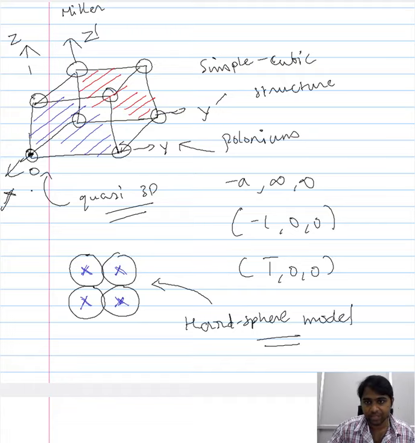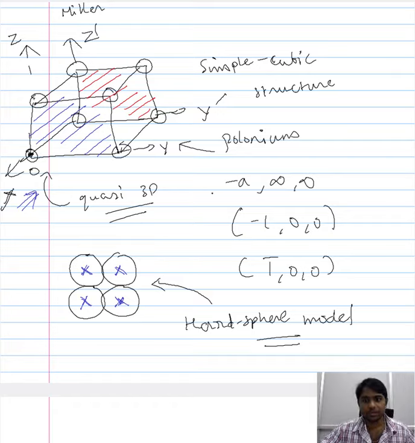We are looking along this direction and sticking to a particular plane. We have represented the arrangement of the atoms by considering the plane in red in the first layer, and in the second layer, which builds towards us, we have considered the atoms along the blue plane.